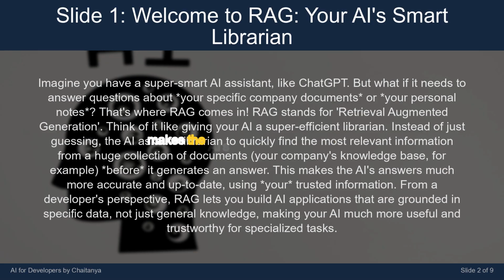This makes the AI's answers much more accurate and up-to-date, using your trusted information. From a developer's perspective, RAG lets you build AI applications that are grounded in specific data, not just general knowledge, making your AI much more useful and trustworthy for specialized tasks.